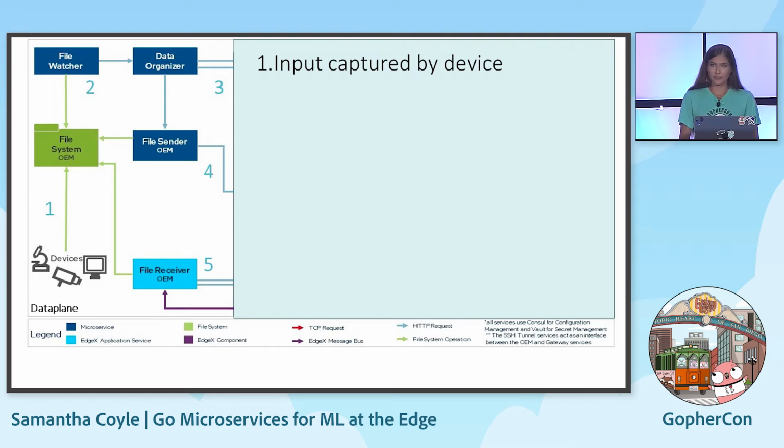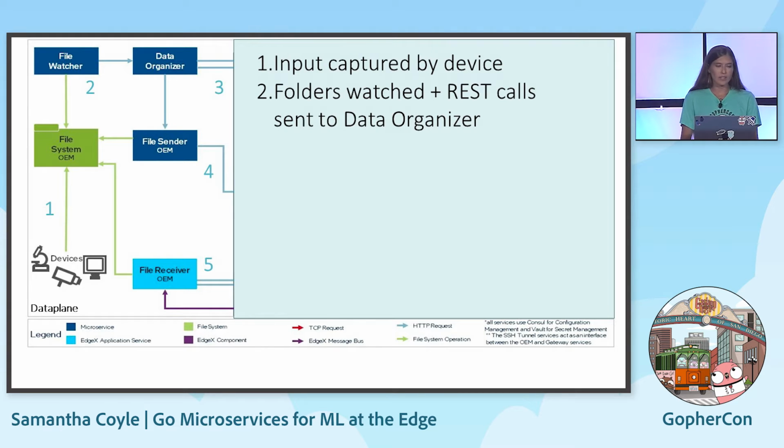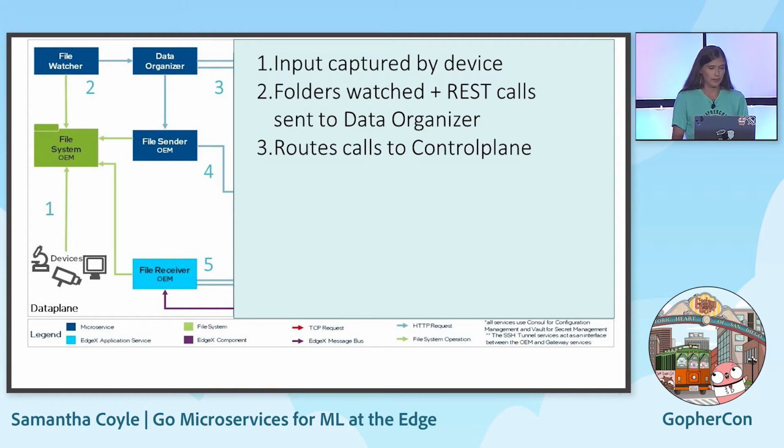First things first, we need some images. So our microscope would generate these images and save them to that file system. We then had the file watcher microservice in step 2 watching these folders and making RESTful calls to our data organizer, letting it know, hey, I've picked up on an image.